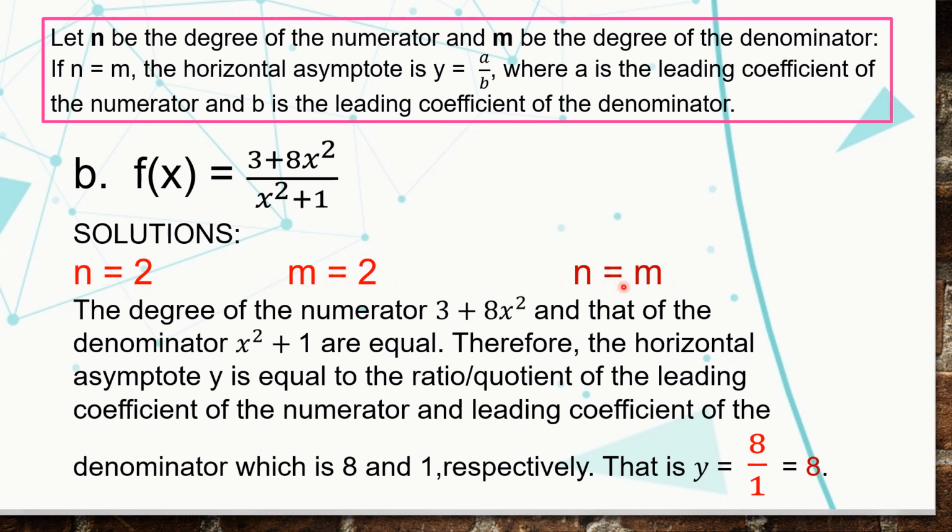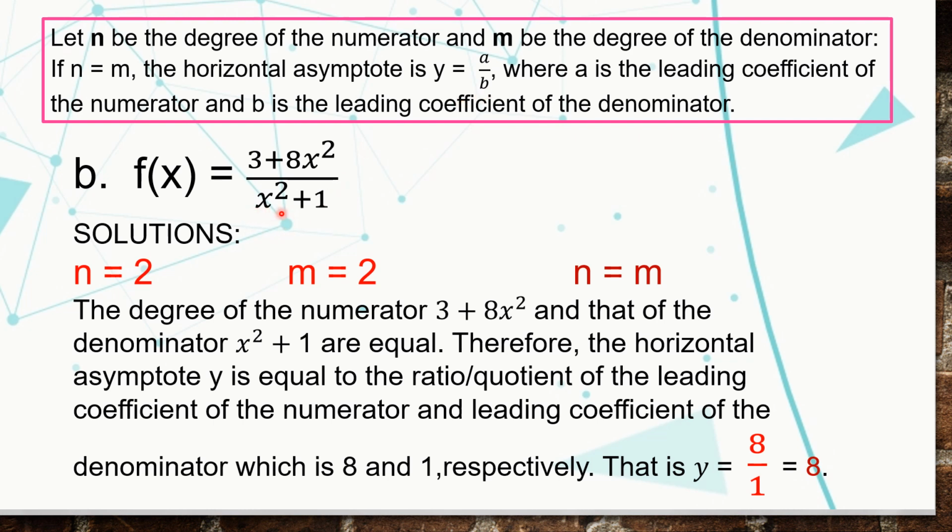They are equal. Ang condition, kapag equal ang n at m, the horizontal asymptote is y equals a over b, na kung saan yung a natin ay yung leading coefficient ng ating numerator. Ang leading coefficient ng ating numerator dito ay 8. So, y equals 8 over yung b dito ngayon ay the leading coefficient of our denominator.